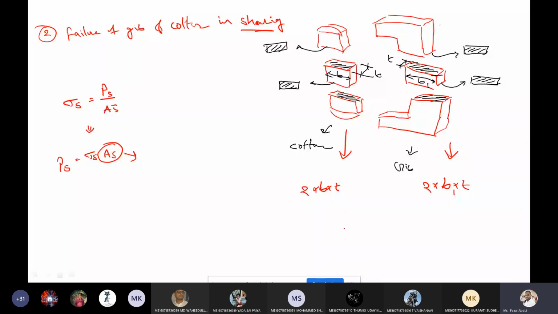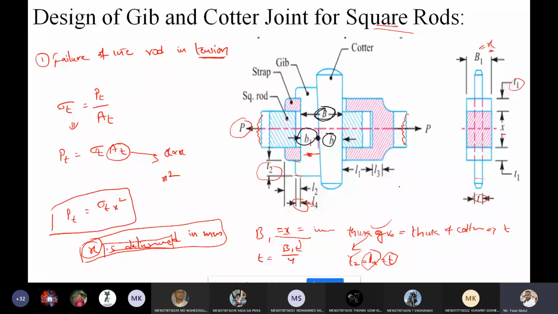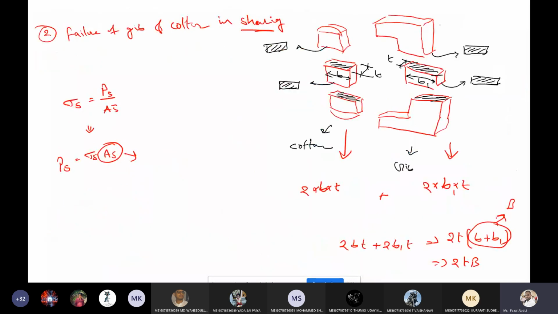So if you add these two, that is 2 into B into T plus 2 into B1 into T, that is 2T if we take outside, B plus B1, that is 2T capital B, where B plus B1 is the capital B. I just showed in this figure, if you add the B1, B2, that is the capital B. So that is why I'm writing the capital B here. Okay. So now PS equals sigma S into area, that is 2 into B into T.